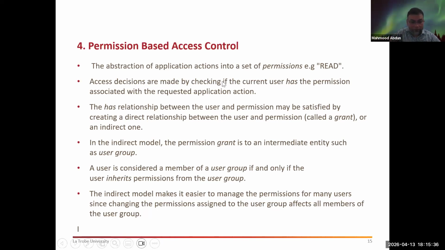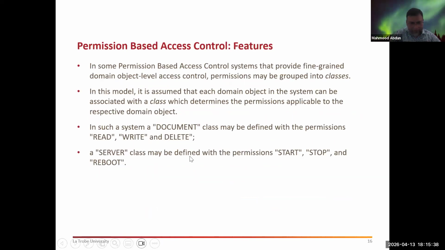So for example, let me see if there's an example here. There's an example. So you can imagine that there is a server class. A server class can have read access, write access, run, start access, stop access. So those of you who have learned about Unix or a system like Kali Linux, there's a command called systemctl, which is a privileged command where you need to type in your administrator password to run it.